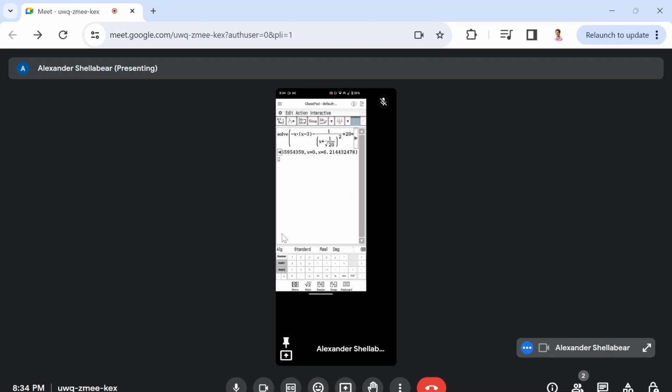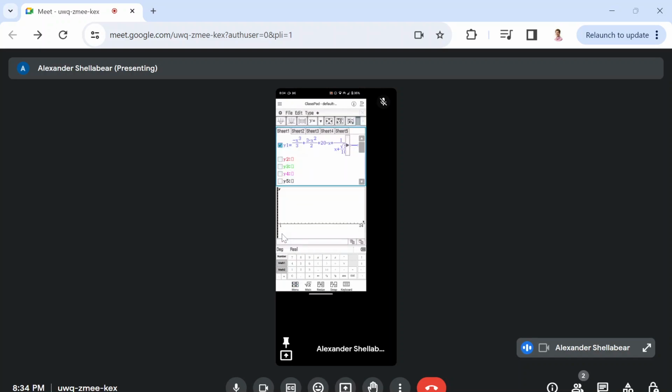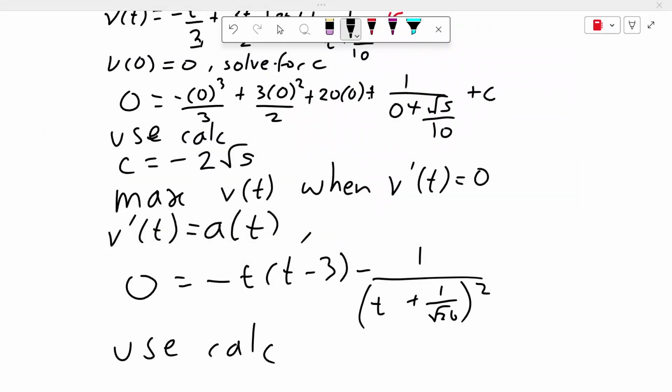And if we go back into our graph, apologies, we get that this is at 6.21. So that's good. That's on the right track. All right, so we can say t is equal to minus 0.45, I believe it was, 0, and this 6.21.